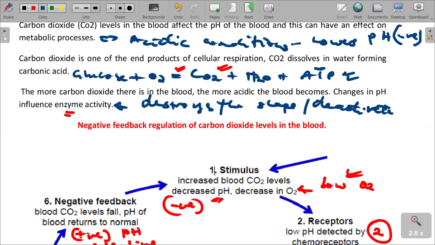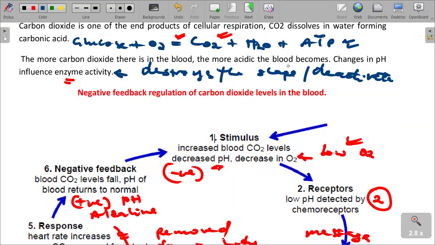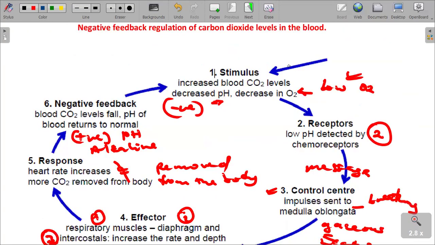So acidic conditions have a negative effect on the operational requirements of enzymes. I have attached this diagram here, which gives a flow sequence of the negative feedback of carbon dioxide levels in the blood.